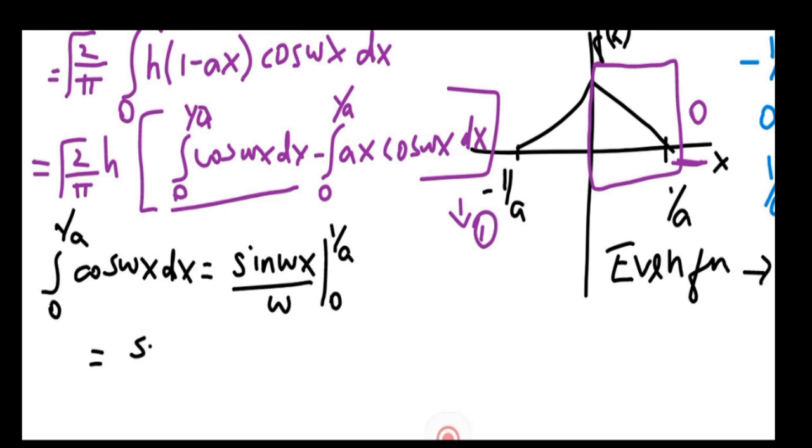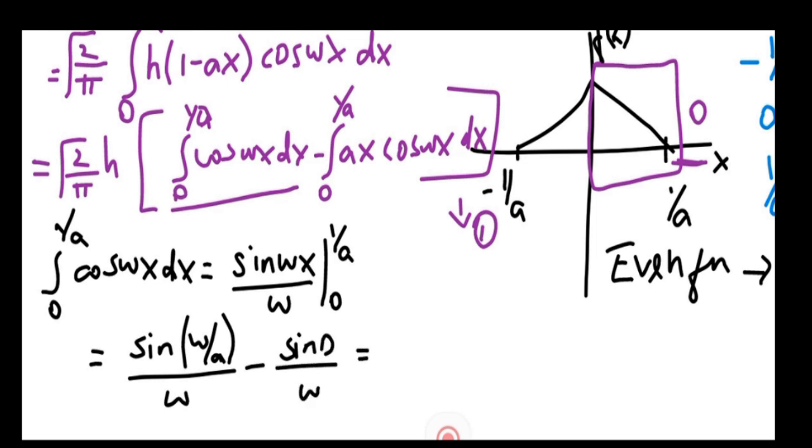Substituting the limits, we get sine of omega over a divided by omega minus sine 0 by omega. So the first term becomes sine of omega over a divided by omega.